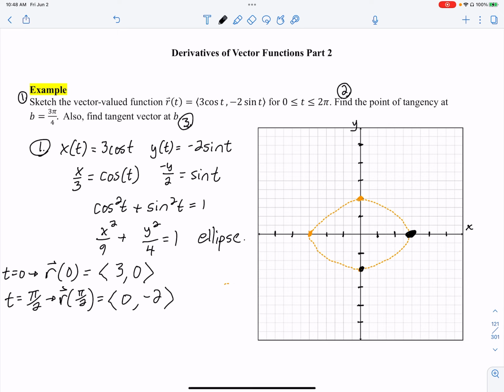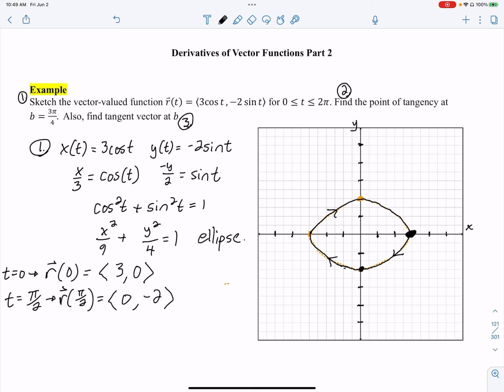Right? And we could keep going, but I think we have our orientation. Our orientation goes this way. So it's going to come around. So we have that.